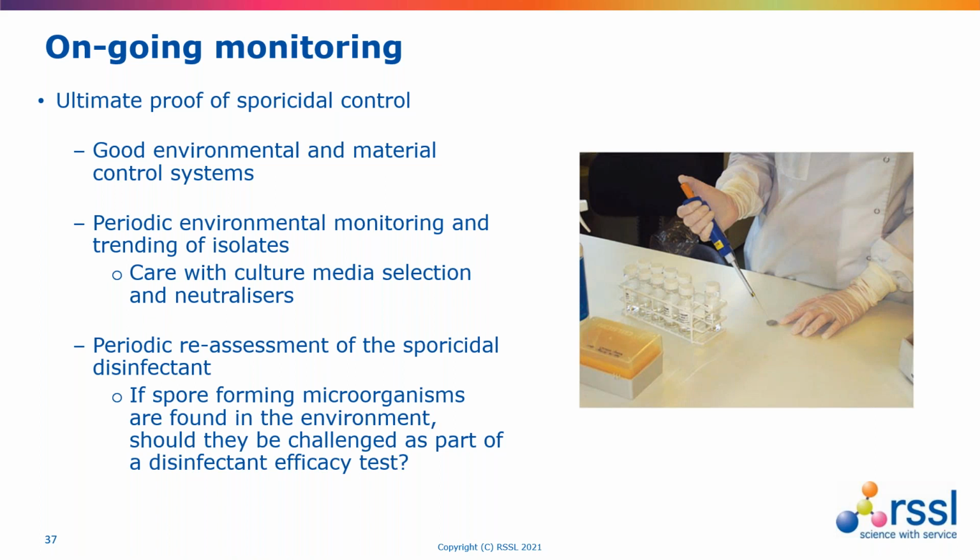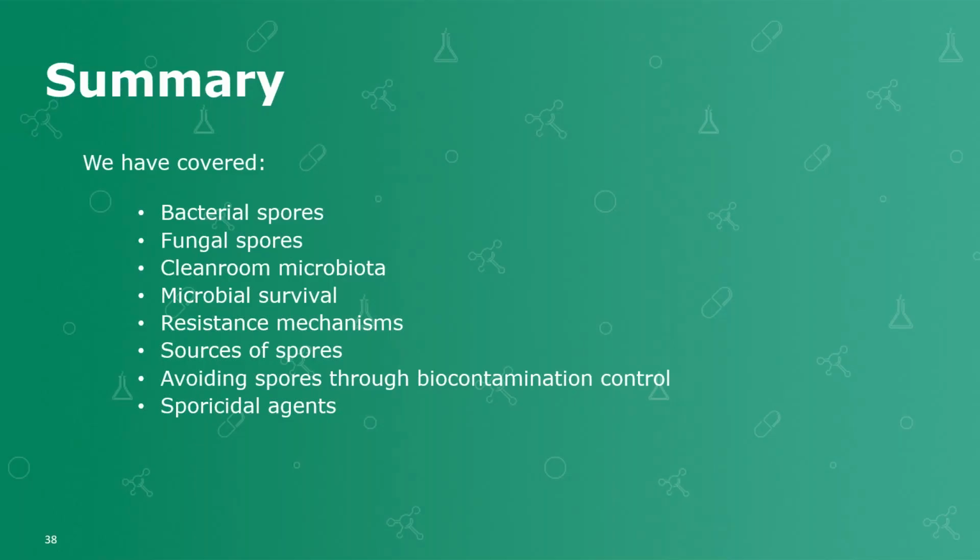And also that the environmental monitoring media contains appropriate neutralizer against the sporicide as well as the other rotational disinfectant. So we have an environmental monitoring system that is signaling the true state of control.